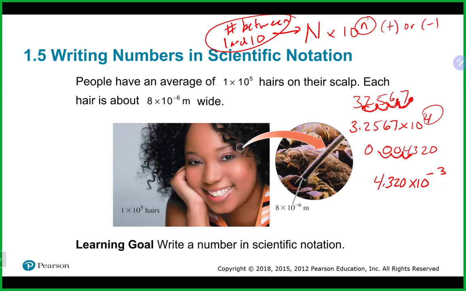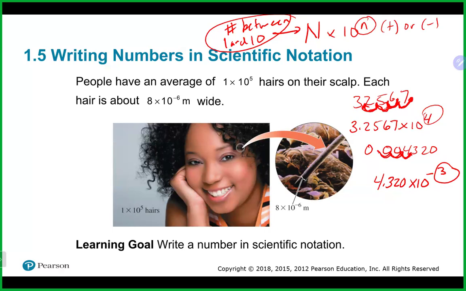We had to go 1 spot, 2 spots, 3 spots, and 4 spots to get that number between 1 and 10. And it's the same for the 3 here. The 3 is how many places we had to go to get to between 1 and 10, and we had to go 1, 2, and 3. In the case of the bottom one, it was written for us, so we knew exactly which way we had to move it. Yeah. Other questions?